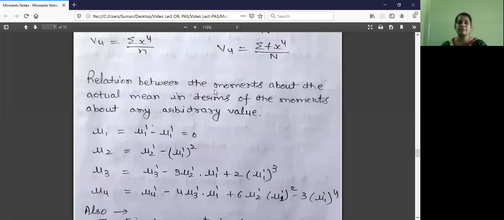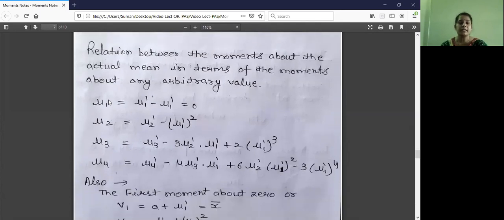So, there are some relations between the moments about the actual mean in terms of the moments about any arbitrary value, that means assumed mean. So here mu1, mu2, mu3, mu4 are about our actual mean, and dash is our assumed mean.